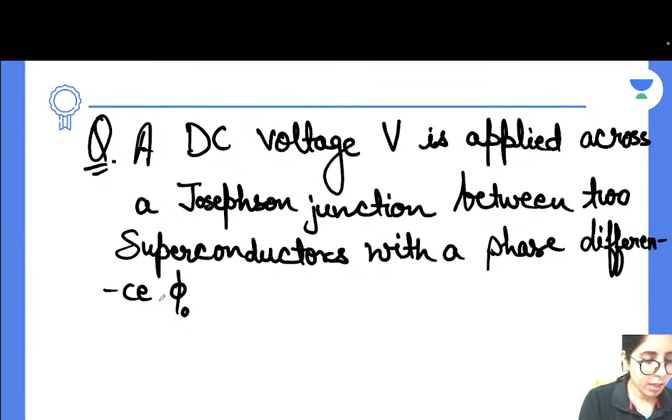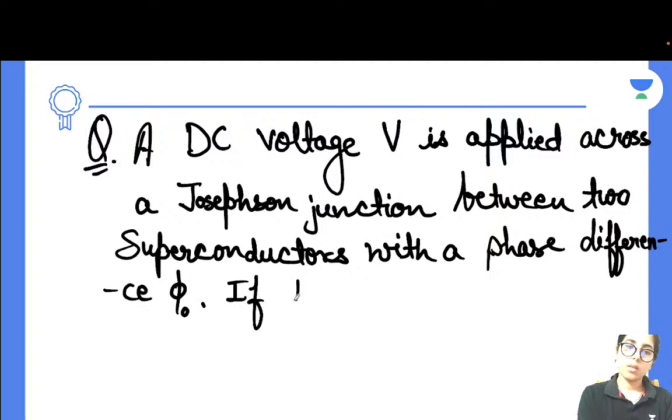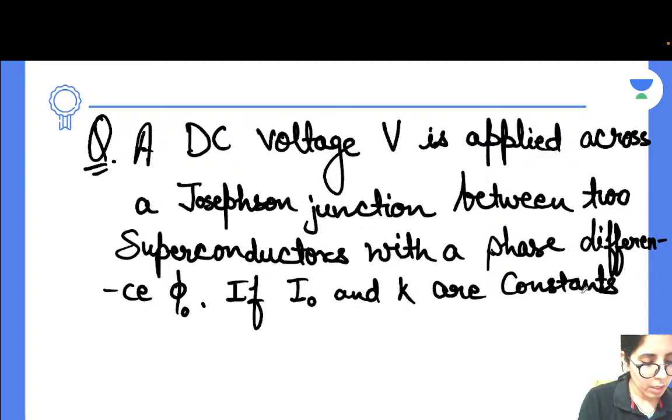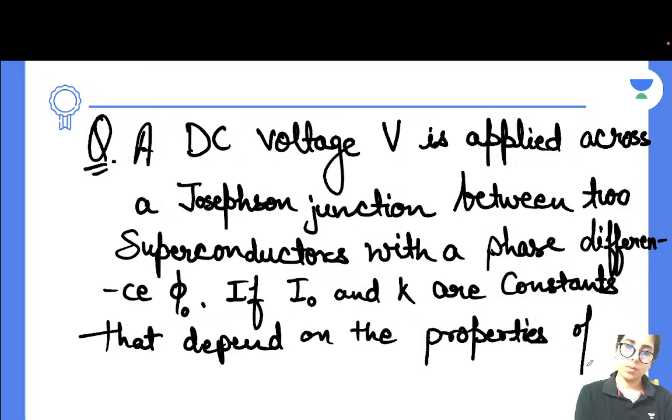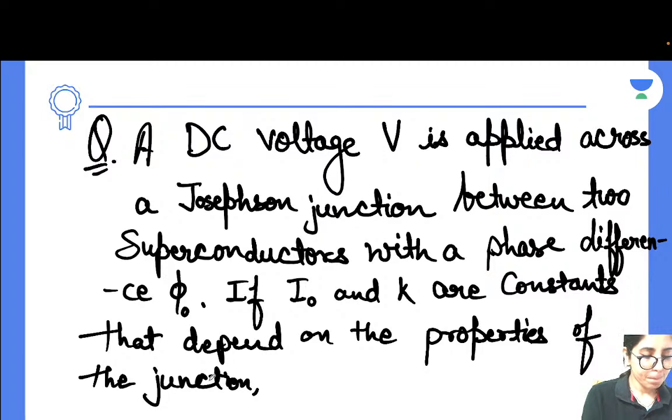If I naught and K are constants that depend on the properties of the junction, the current flowing through it has the form.